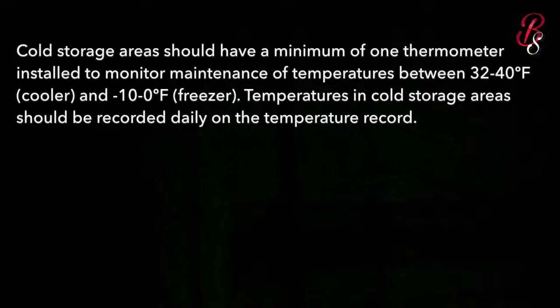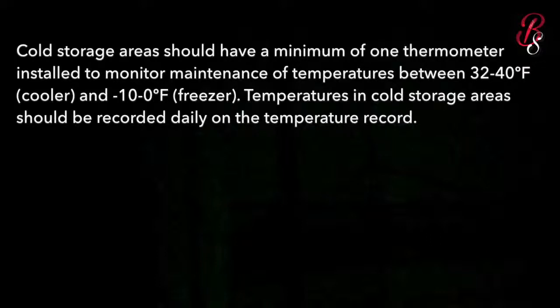As I just said for the dry storage, you really have to maintain the temperature. Every day you have to check that every food is kept at the required temperature.